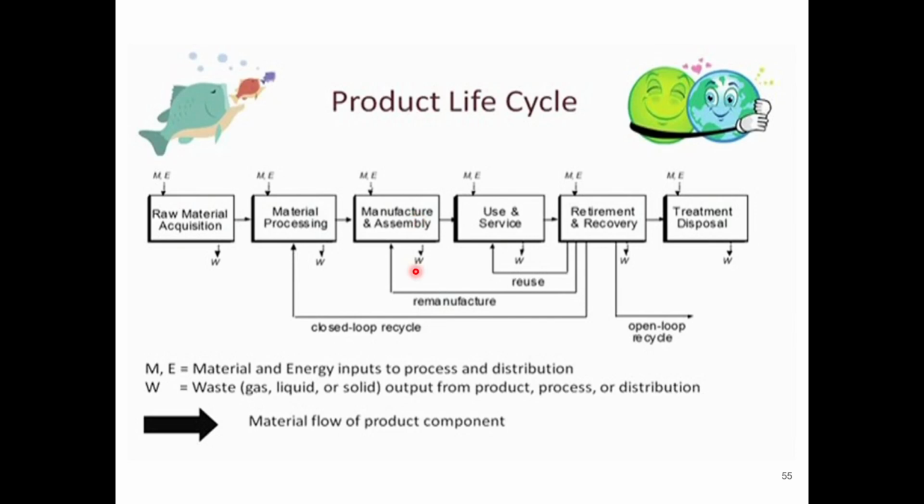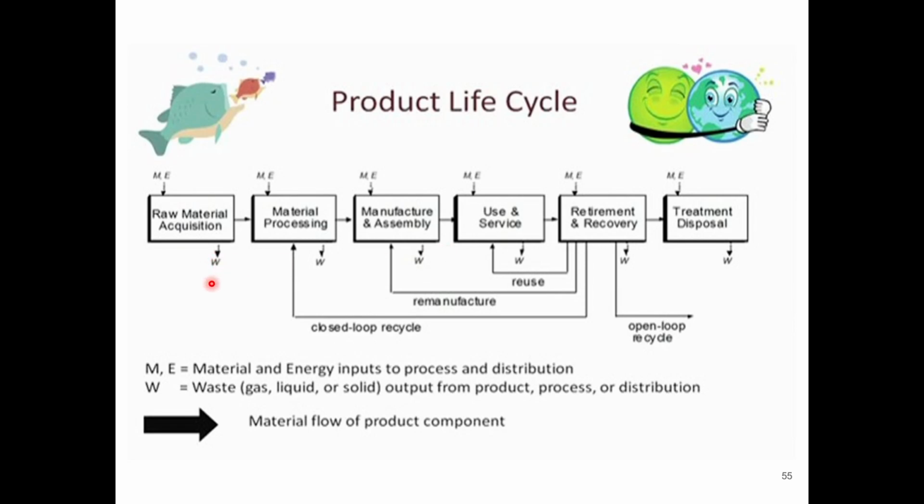If you see the basic process, this is the product life cycle of any product or material. If you check the whole life cycle, it can be divided into these parts.